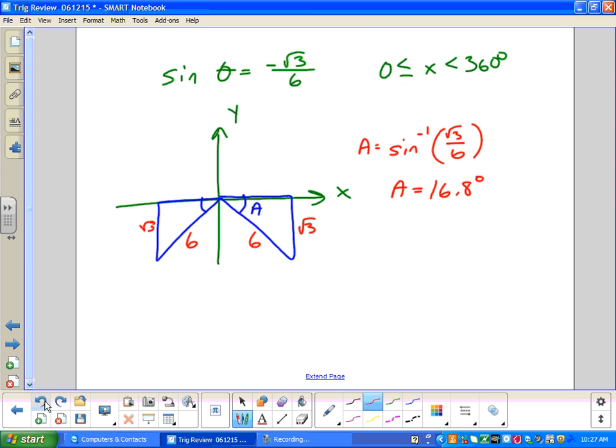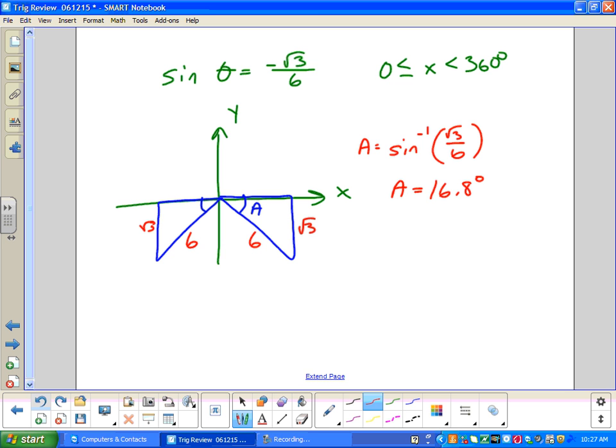All right. Remember that if I want that, I can say, hey, arcsine theta equals negative square root of 3 over 6. Go ahead and use your calculator then, because it's going to pump out the answer in quadrant 4, but that's not what this problem was. So the answer here, and again, both of them, you should see that quadrant 3 is 180 plus 16.8.